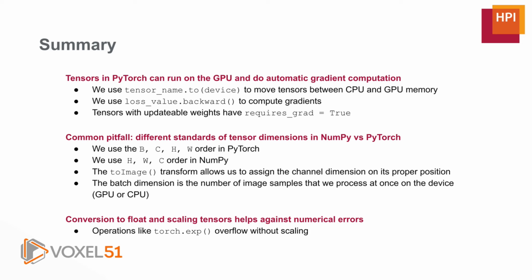We want to prevent the overflow in operations like the exponential, and this is done with this scaling. It's a very common failure point to forget to move tensors to the correct device, to mix up the dimension orders, and also to forget to scale these input values.